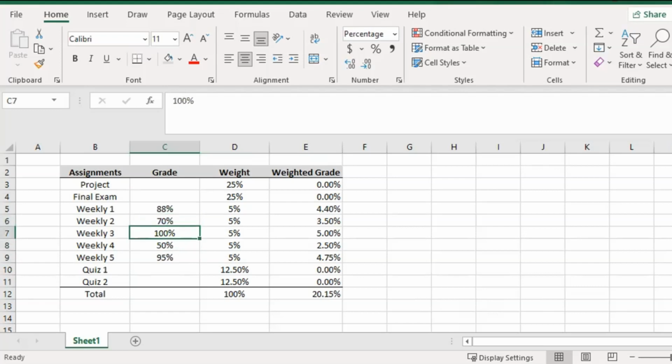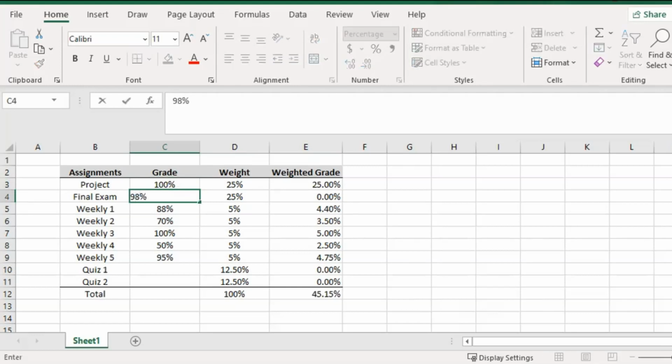So overall, for these 5 assignments, we have achieved 20.15% in the course. Let's say we really do a great job on our project and we score 100%. And on our final exam, we learned a lot from our weekly assignments and our score ends up being 98%.